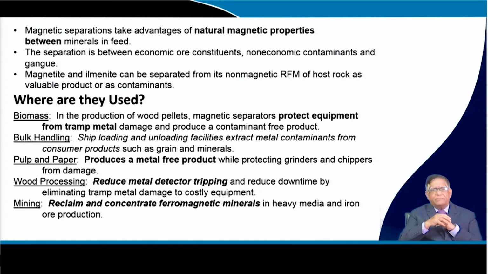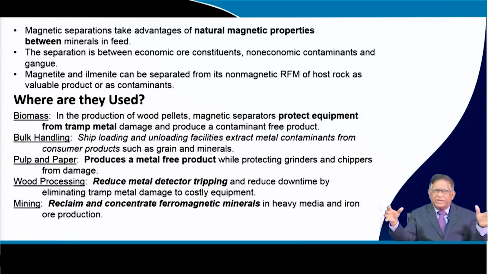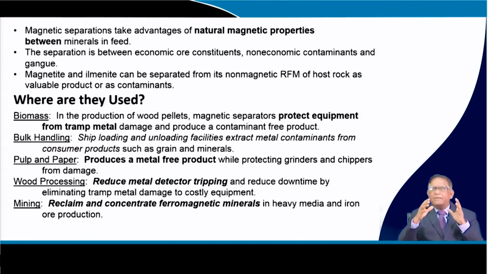In bulk handling, particularly in ship loading and unloading, many times there may be nuts and bolts and many things that get mixed up, and they may go along with other consumer materials like grains and minerals. Sometimes, for example, you may import wheat in a barge. When that wheat is unloaded and taken over by a conveyor belt, if there are foreign materials like a nut, a bolt, or any iron component, it becomes very difficult.